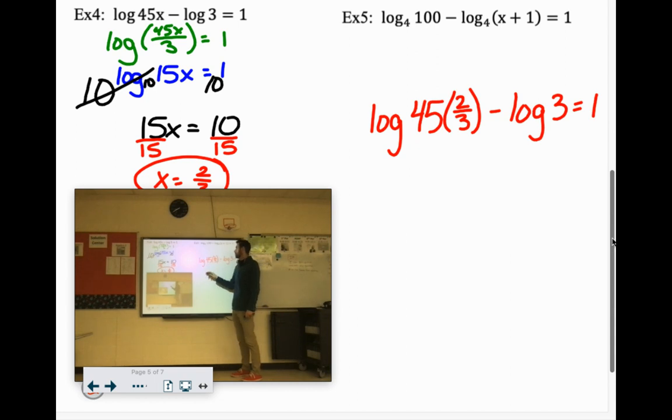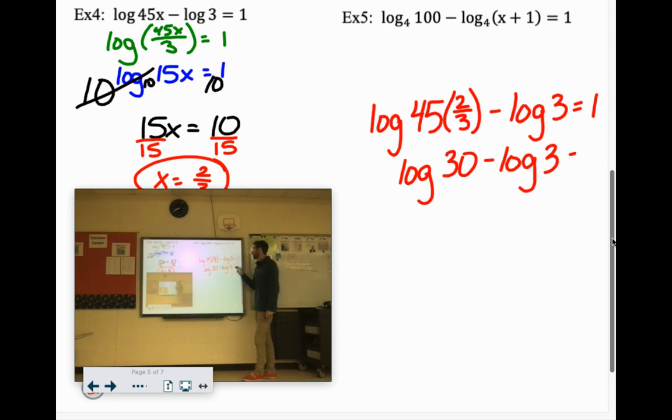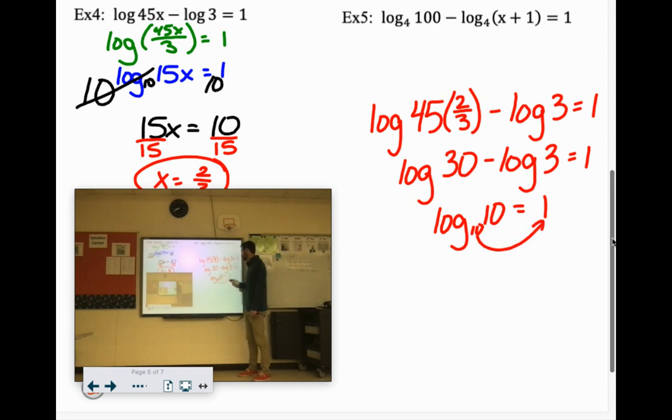So 2/3 of 45 is 30. And if we condense it now as division, 30 divided by 3 is 10. And 10 to the first power equals 10. That one works.